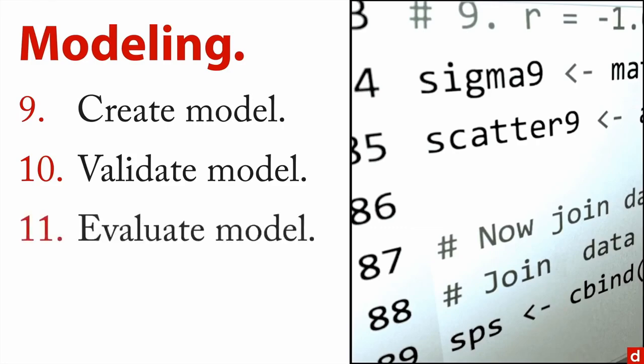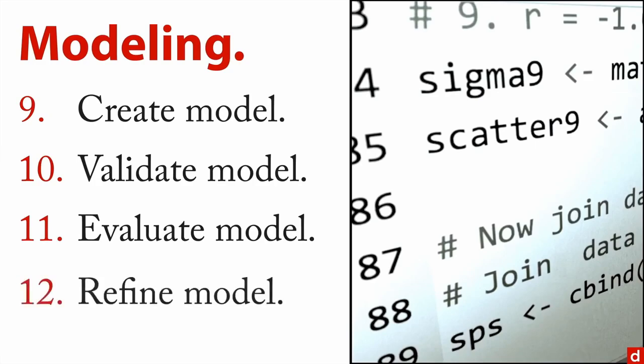You also need to evaluate the model. Once you know that the model is accurate, what does it actually mean and how much does it tell you? And then finally, you need to refine the model. For instance, there may be variables you want to throw out. There may be additional ones you want to include. You may want to, again, transform some of the data. You may want to get it so it's easier to interpret and apply.